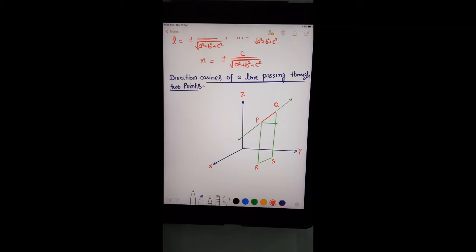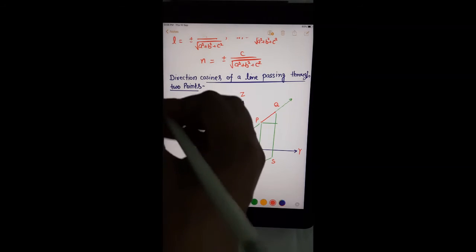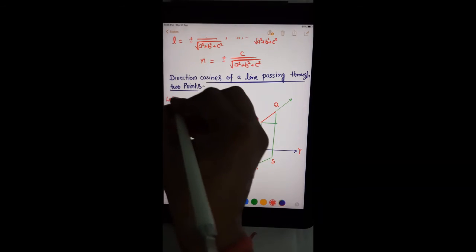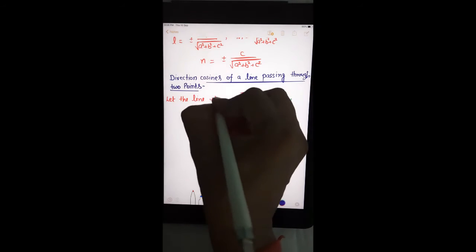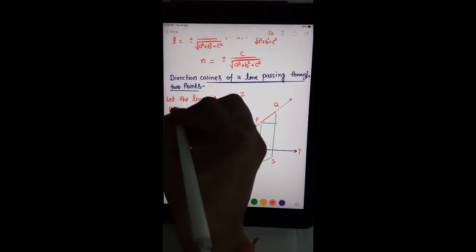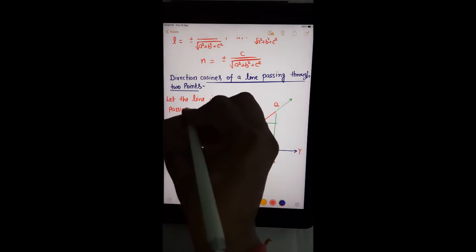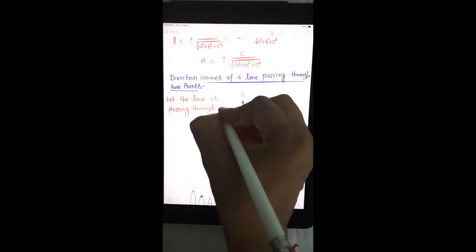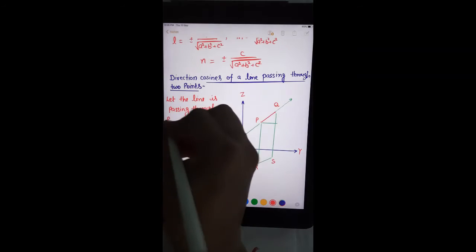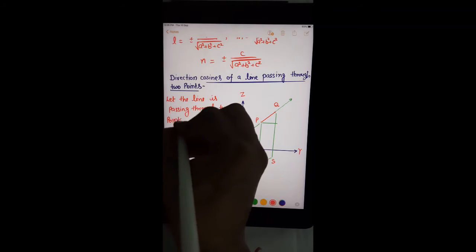Now we are going to obtain the direction cosines of a line which is passing through two points. Let a line be passing through two points whose coordinates are given.